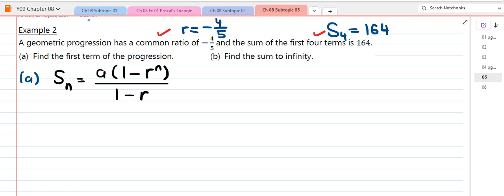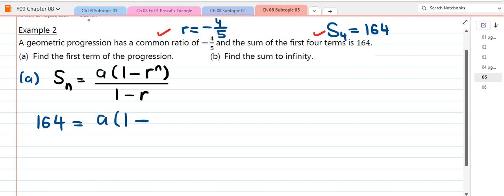So let's put in all the numbers. S4, n equals 4, so 164 equals the first term, because this first question is to look for the first term, a bracket 1 minus, the common ratio is negative 4 over 5, to the power of n, which is 4.